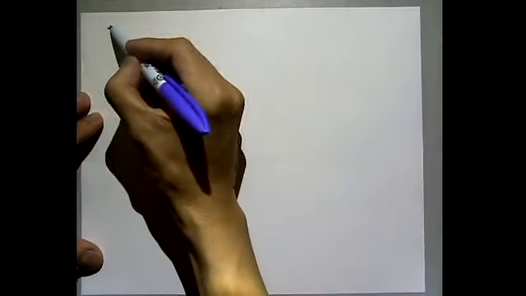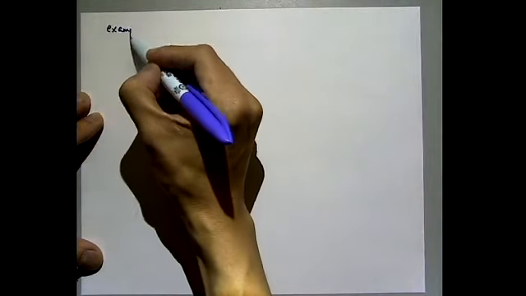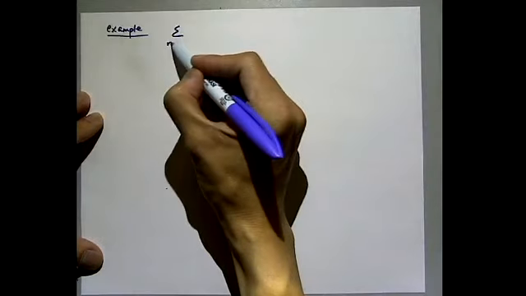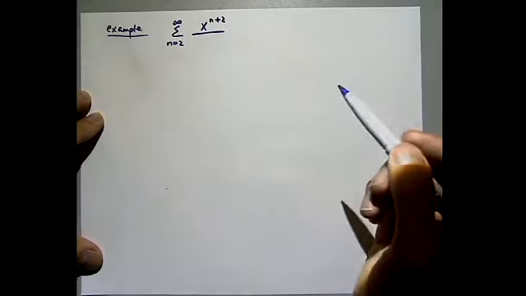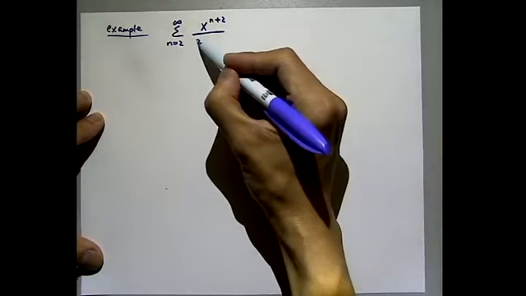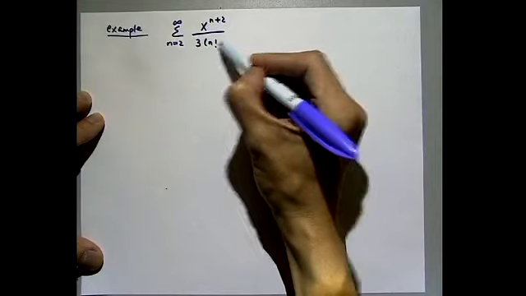Let's do a few more. Try this one. n is 2 to infinity, x to the n plus 2 over 3 times n factorial.